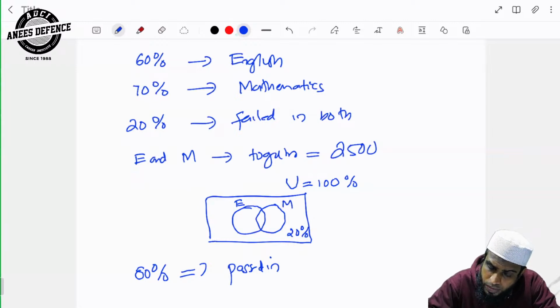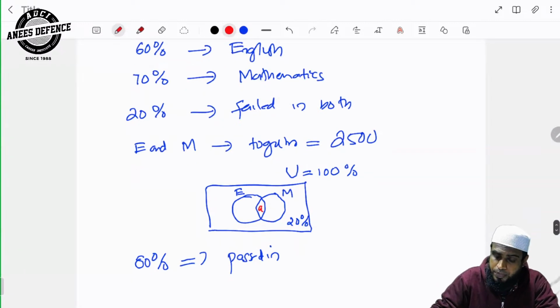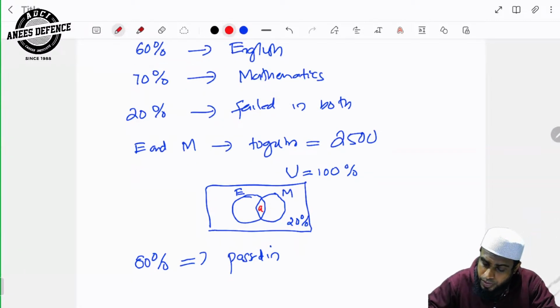For example, this is A. So A plus, this can be considered as 60 minus A, and this can be considered as 70 minus A. So A plus 60 minus A plus 70 minus A equal to 80 percentage.